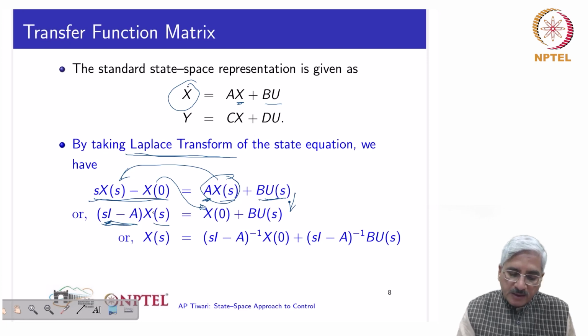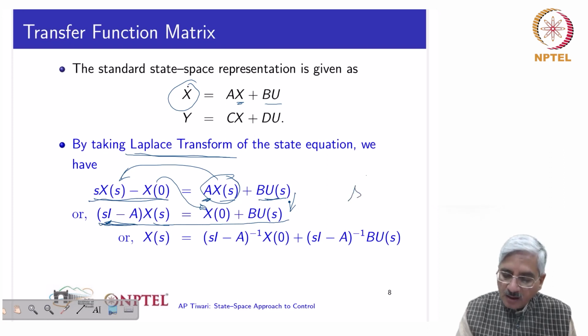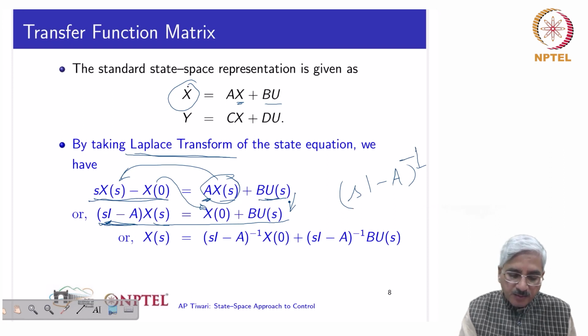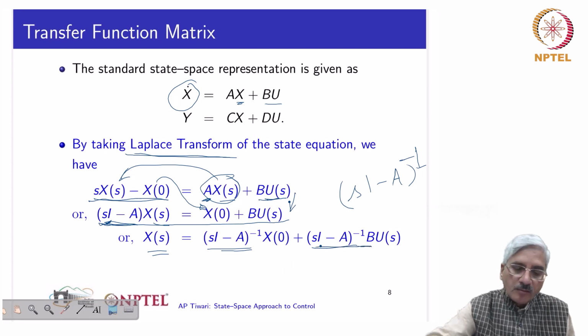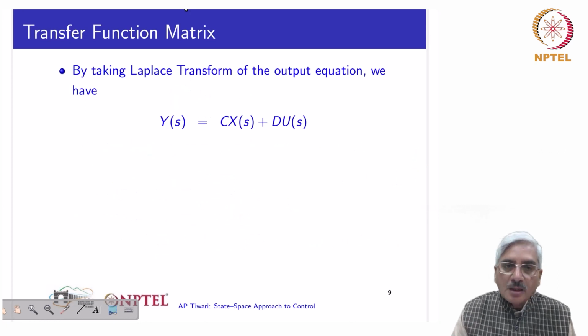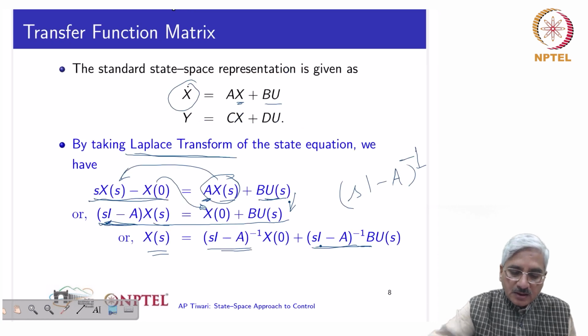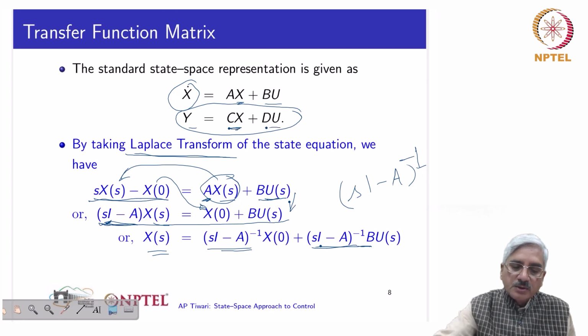Now we pre-multiply both sides of this equation by the inverse of (sI minus A). So we get X(s) equal to (sI minus A) inverse x0 plus (sI minus A) inverse BU(s). If we take the Laplace transform of the output equation, we get straight away Y(s) equal to C times X(s) plus D times U(s).